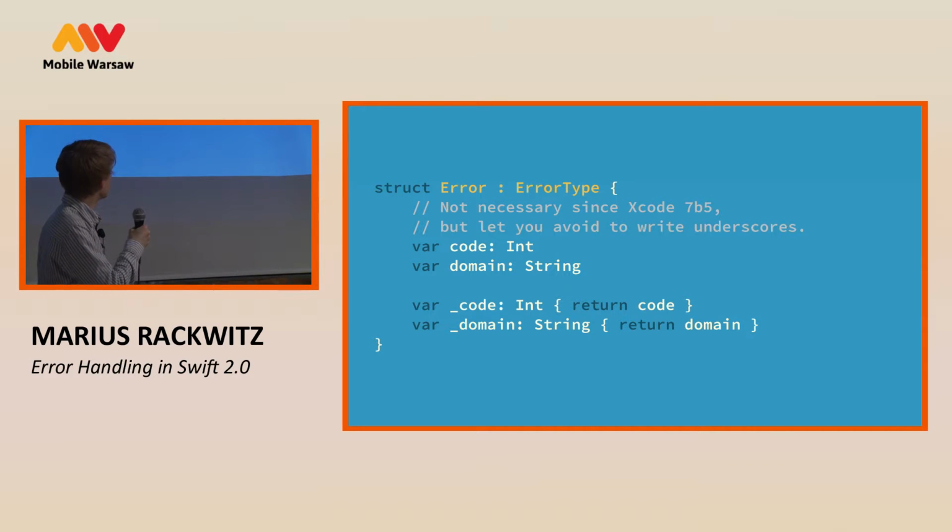Since beta 5 of Xcode 7, they will be generated automatically at compile time, but it's nice to have them in that way, I think, as well, because if you go that far to use Error type from a struct type, then you will probably want to set your own values for code and domain, and then you won't have these ugly underscores as prefixes all around.